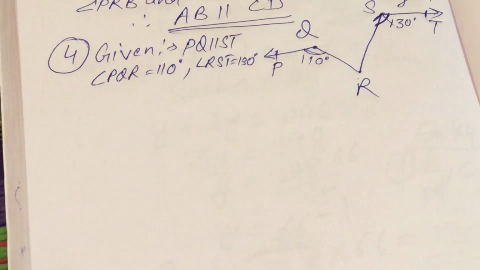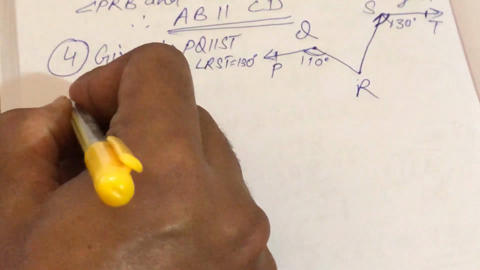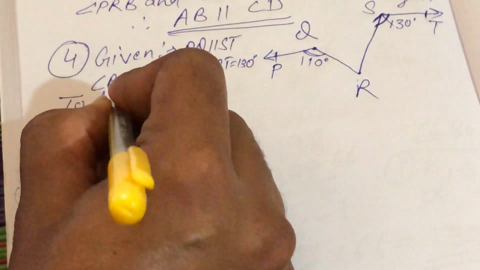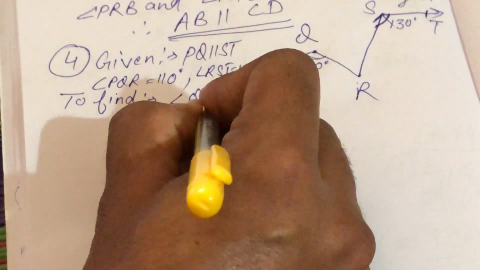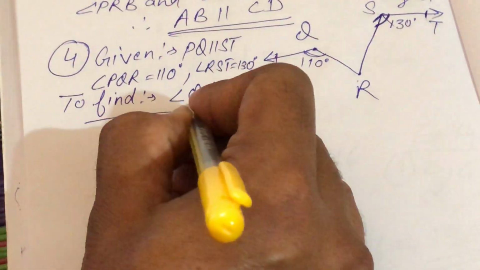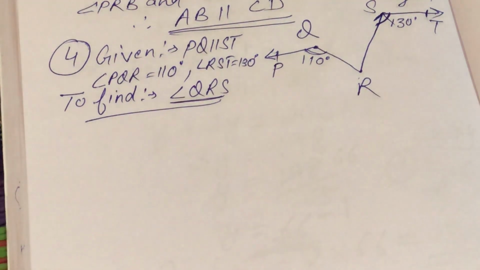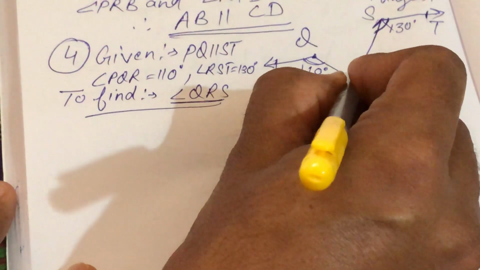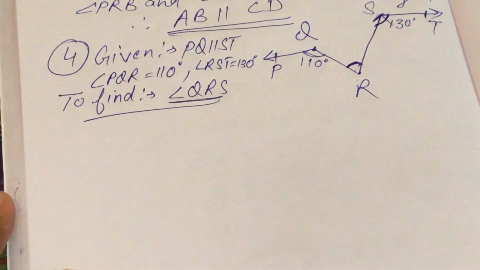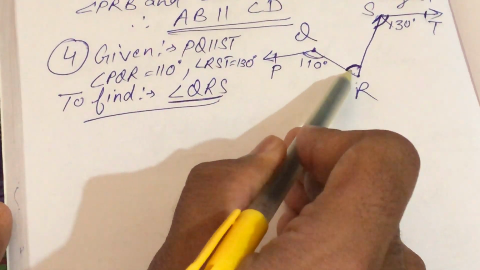And we need to find angle QRS. We will find this angle QRS, this one.